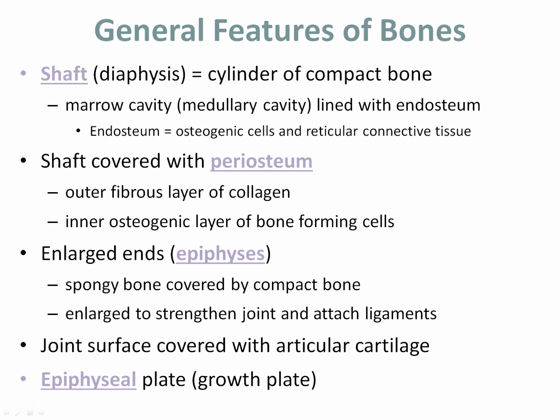We also have the part of the bone that becomes the joint surface, and that joint surface is covered with articular cartilage. This is a form of hyaline cartilage. The epiphyseal plate, or the growth plate, is the junction between the diaphysis and the epiphyses, and this is where long bones grow in length.